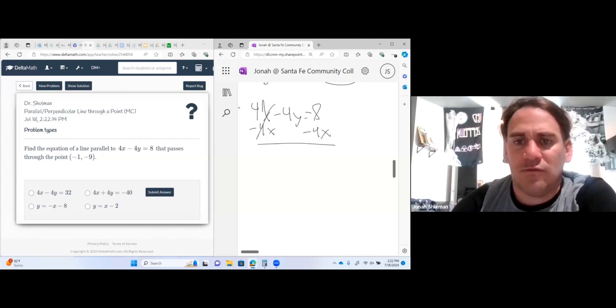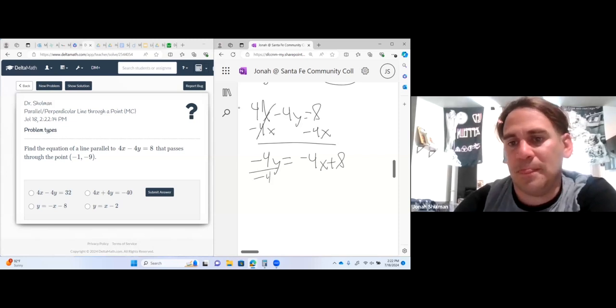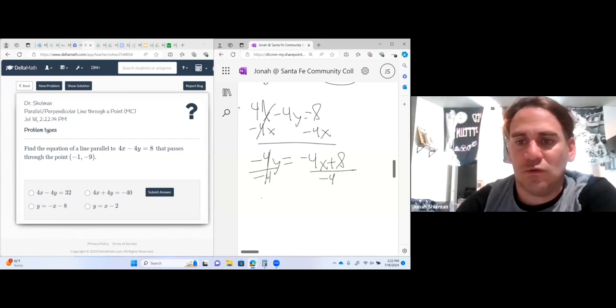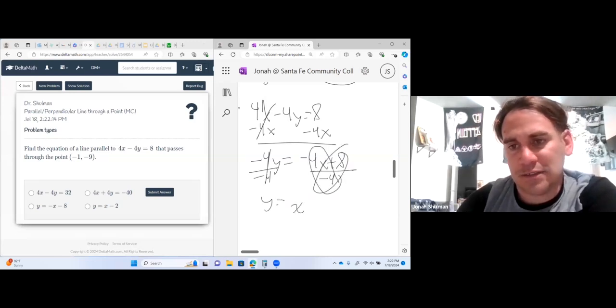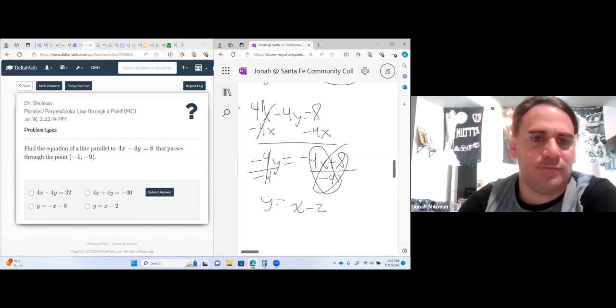These cancel. I have negative 4y equals negative 4x plus 8. We divide by negative 4. These cancel. Y equals lotus flower. Negative over negative is positive, which is x minus 2.